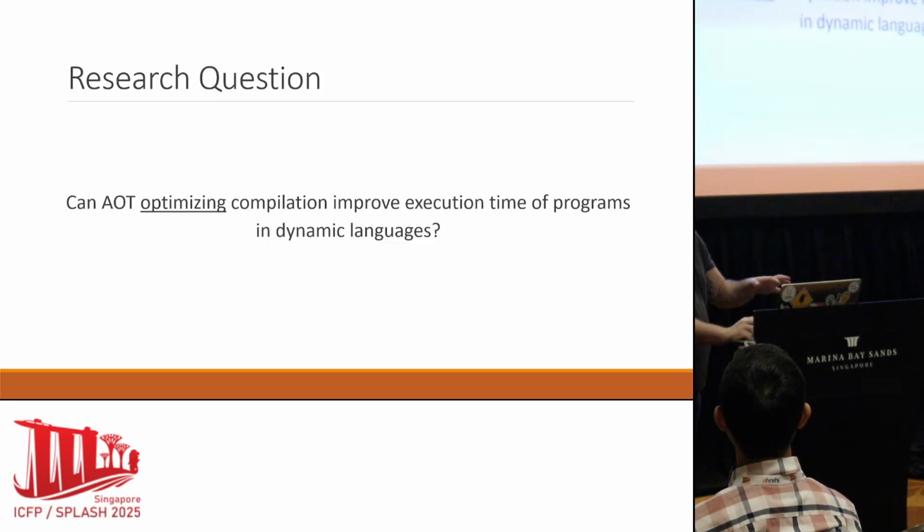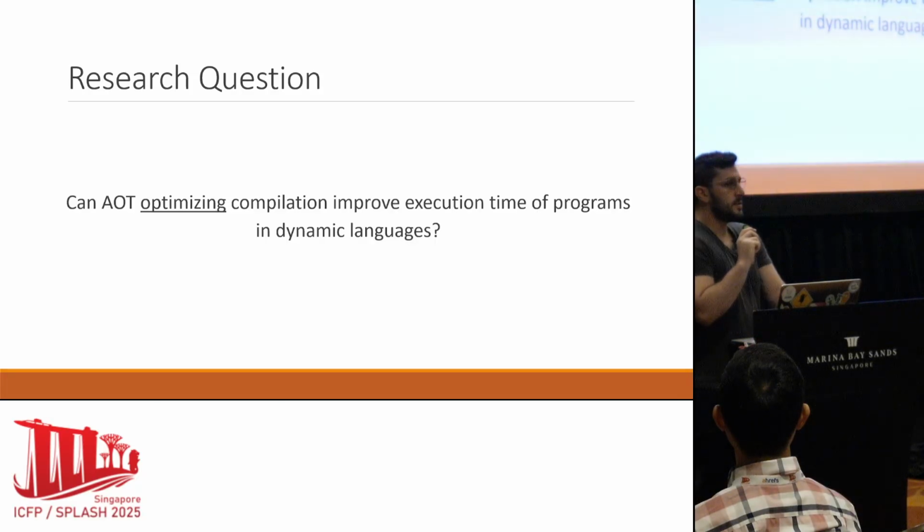Now, if we're completely honest, there are all sorts of tools, all sorts of previous work that try to perform ahead-of-time compilation for dynamic languages, mostly for PHP, a little bit for Lua, if some of you are familiar with these kinds of work.